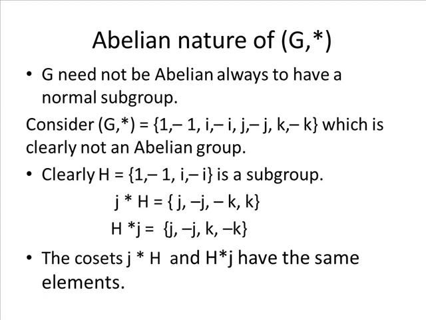I get j, minus j, k and minus k in some different order, which is not in the same order as jH was, but the elements still are the same. So both cosets have the same set of elements, which means by definition this subgroup that we have considered here also gets the extra status of a normal subgroup.